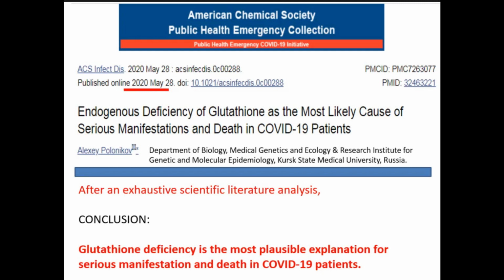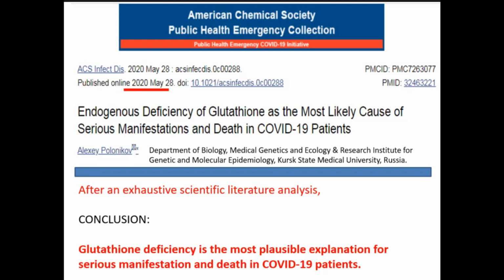An exhaustive scientific literature analysis was reported in a journal 1 month later, in which it was concluded that glutathione deficiency is the most plausible explanation for the serious manifestations and death in COVID-19 patients. Okay, so not only was there a practical proof, at least in those 2 cases, that glutathione can reverse COVID disease within 1 hour, right?